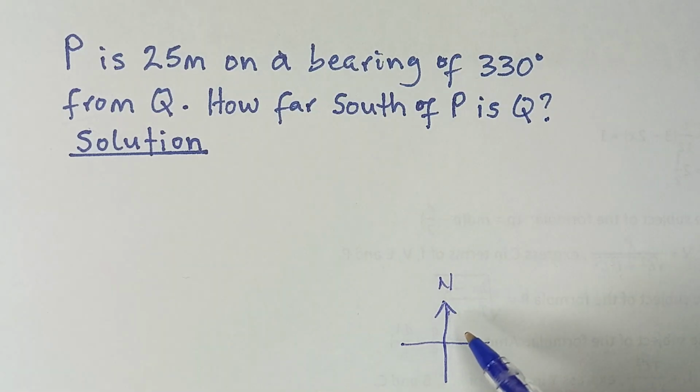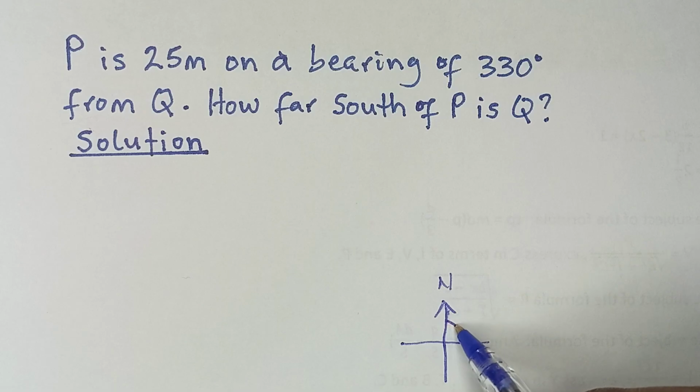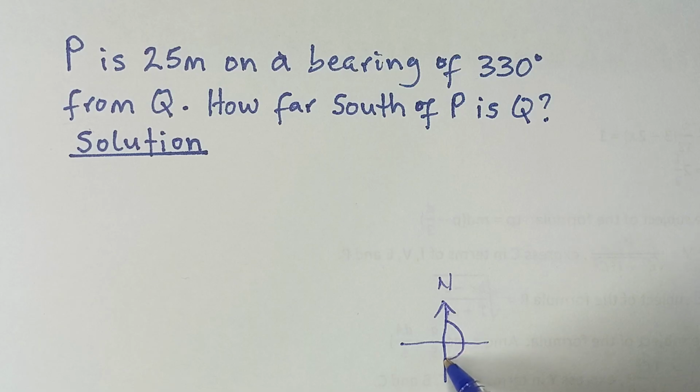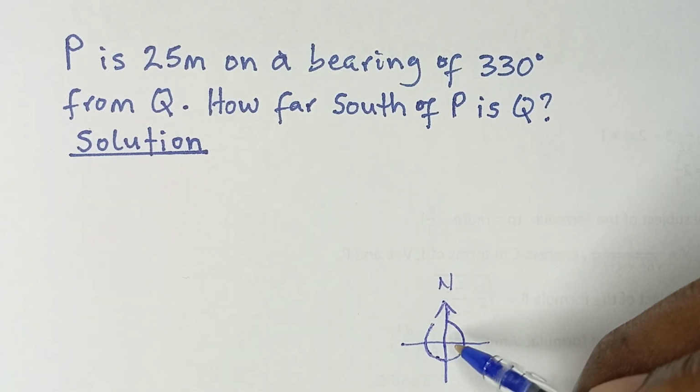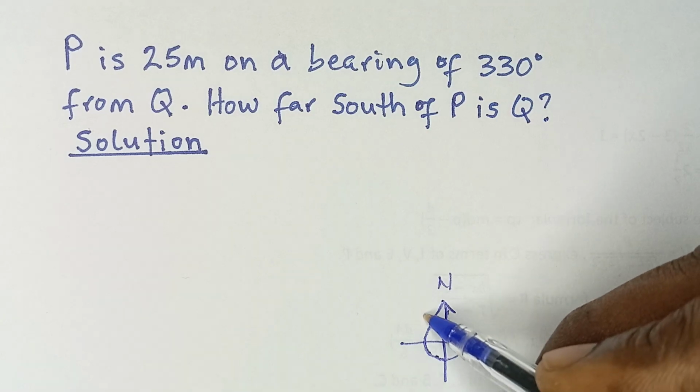So to get my angle 330, I'll start with the 0 degree, which is the north pole there, and then move on to 90, the first quadrant, and then I move on to 180, and then 270, and then I can stop at 330. So 330 is somewhere here.